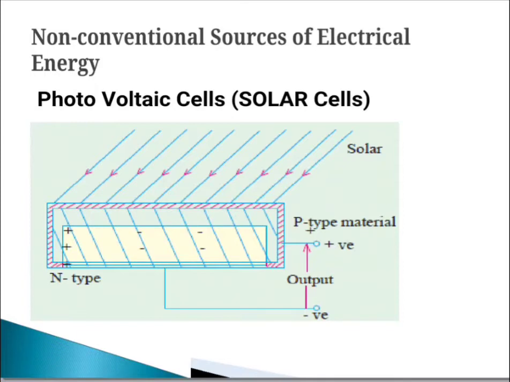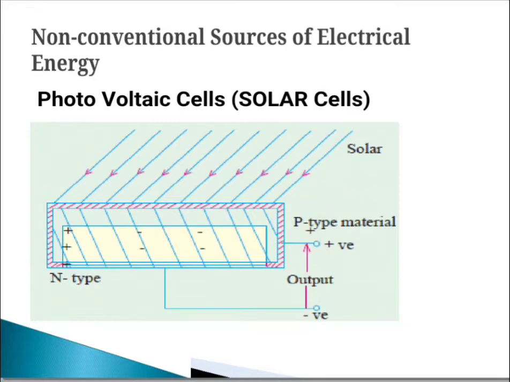When the photons are incident on the semiconductor material, the electron becomes energized and starts emitting. The energized electron is known as a photoelectron, and the phenomenon of emission of electrons is known as the photoelectric effect in the photovoltaic cell.